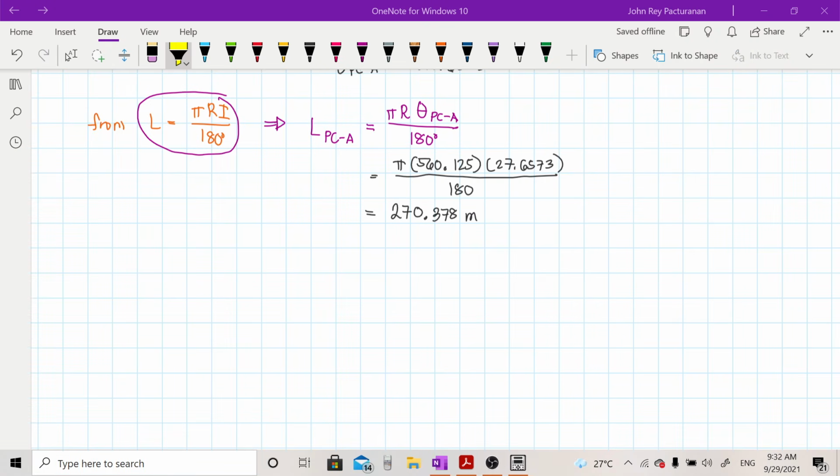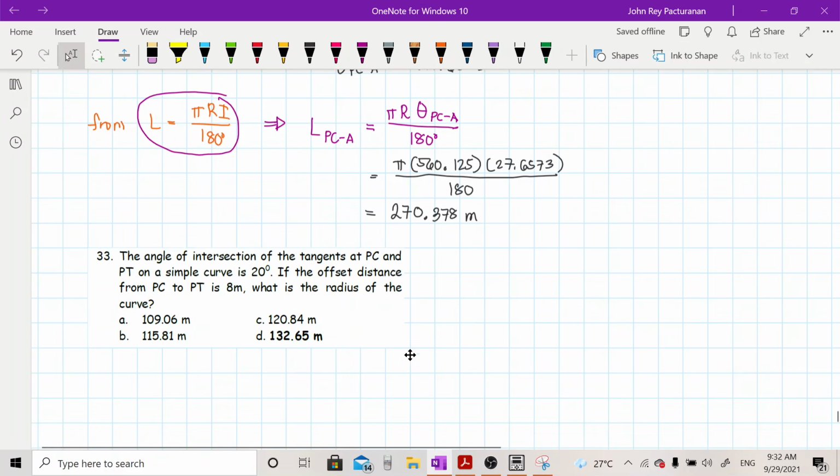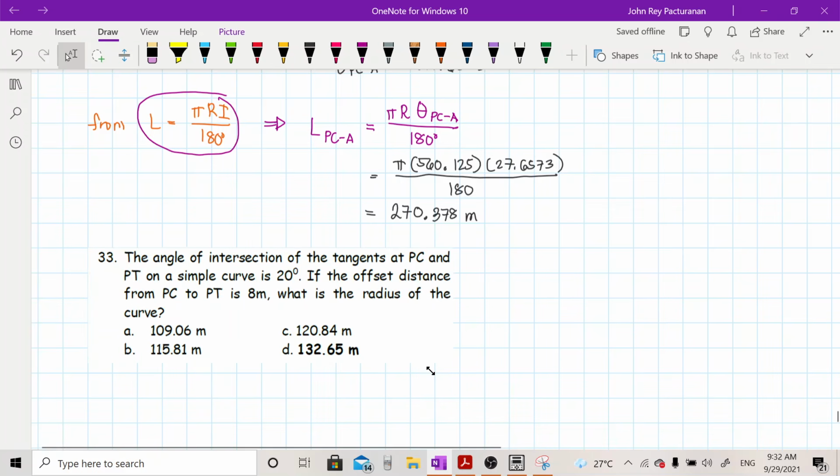So, basahin ko lang yung next item. So, for number 33, the angle of intersections of the tangent from PC and PT on a simple curve is 20 degrees, no? If the offset distance from PC to PT is 8 meter, what is the radius of the curve?